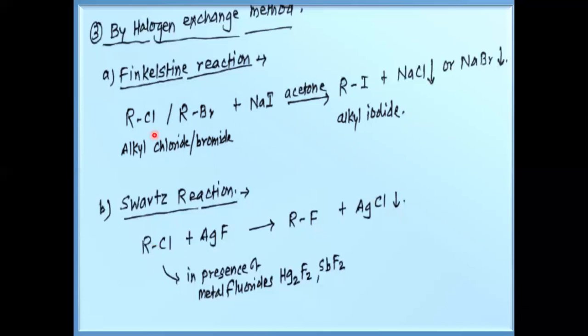So in both reactions, the halides of the alkyl halides are exchanged with other halides, here iodide and here fluoride. So this method is known by the name halogen exchange method, the Finkelstein reaction and the Schwartz reaction.